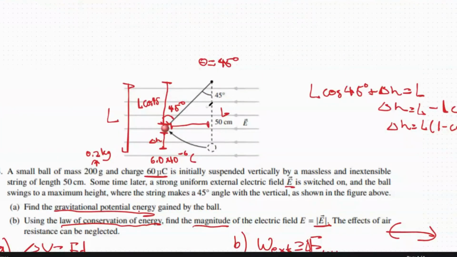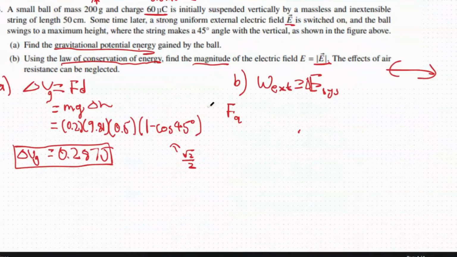This is really easy to calculate. We know that this is L, so this length here would be L sine of 45 degrees, opposite over hypotenuse. Or pi over 4 if you're used to radians.